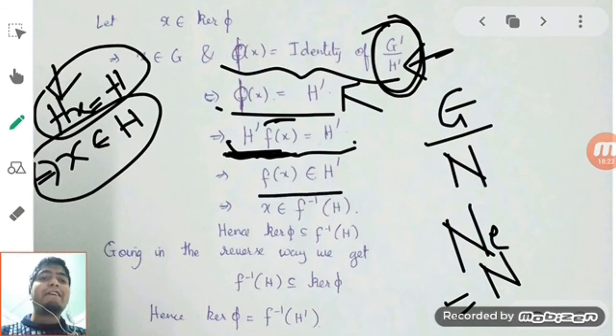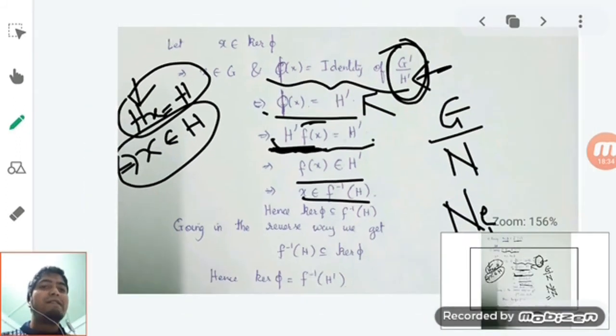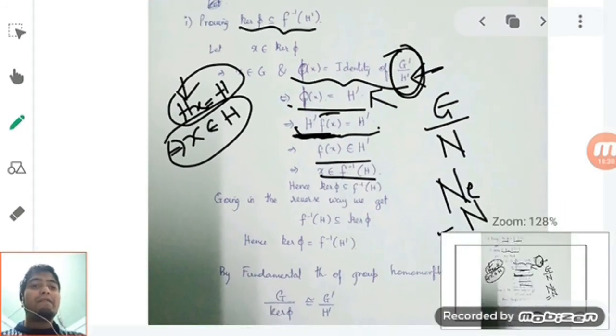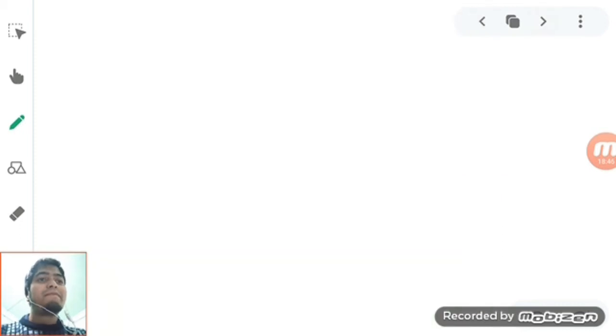So we can immediately write down this step. And this follows from the definition: if fx belongs to h dash, then x will be in the pre-image. So we can even go in the reverse, and then just use the fundamental theorem of group homomorphism. You will have the required result.